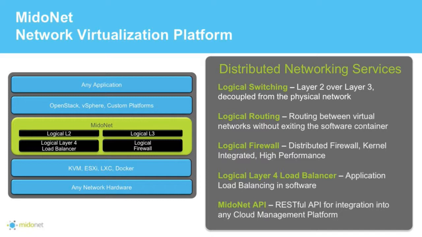And the major advantages are using a distributed architecture to enable layer 2 through 4 networking services. So these include extending layer 2 networks, for example, through logical switching, enabling logical routing without the need for an L3 agent or a Neutron network node, enabling firewall services like security groups from OpenStack.